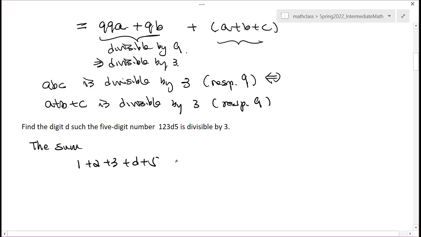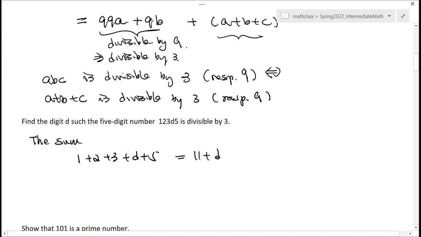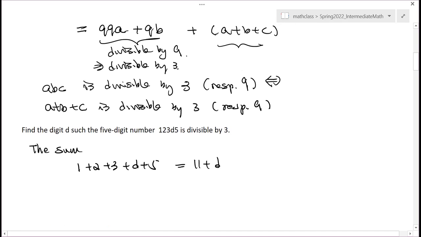It's easy to add them together, so that is going to be 11 plus D. Now what is the largest possible value for this? The largest possible value of D is 9, so 11 plus 9 is going to be 20.